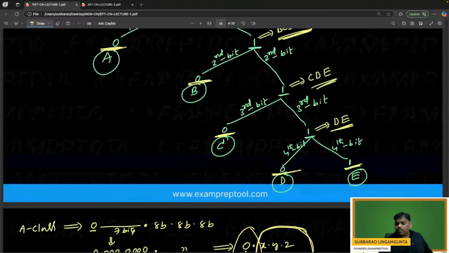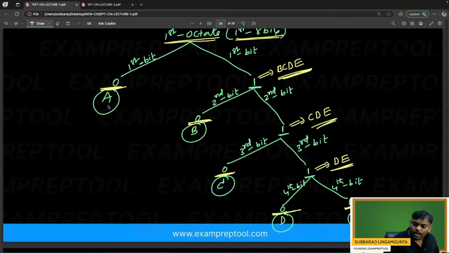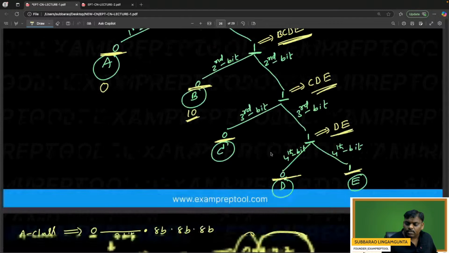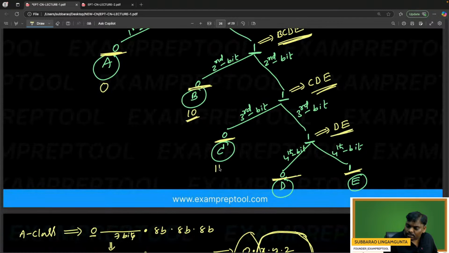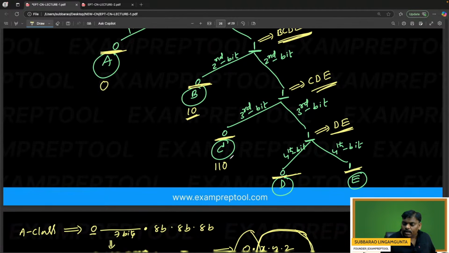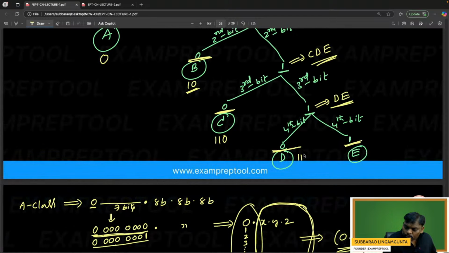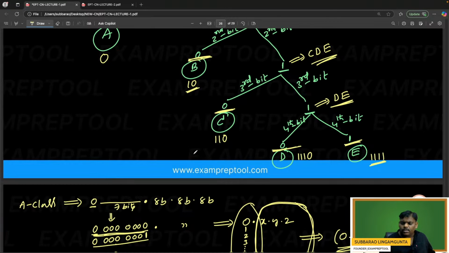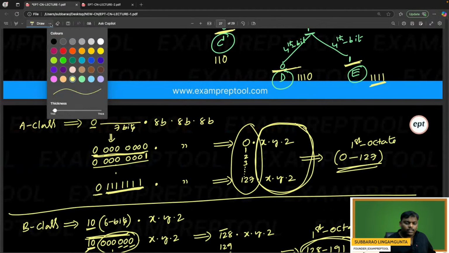So everyone knows: A class means the first bit is 0. B class means the first 2 bits are 1 0. C class means the first 3 bits are 1 1 0. D class means the first 4 bits are 1 1 1 0. E class means the first 4 bits are 4 ones. Same thing I have done; I have not done anything new here.